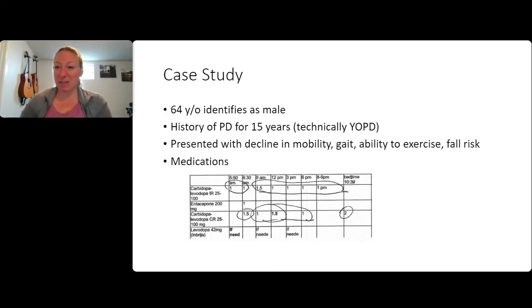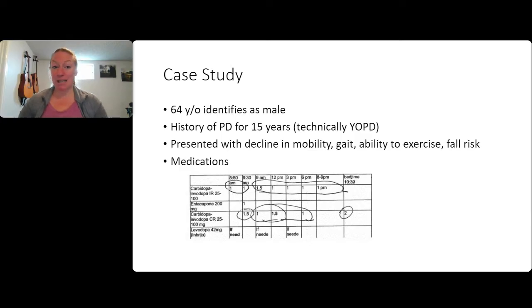And you can see here, it has a pretty complex medication schedule. So this is what his doctor was recommending. And the timing of his meds was really challenging. So he's taking carbidopa, levodopa, which is your typical medication for Parkinson's.